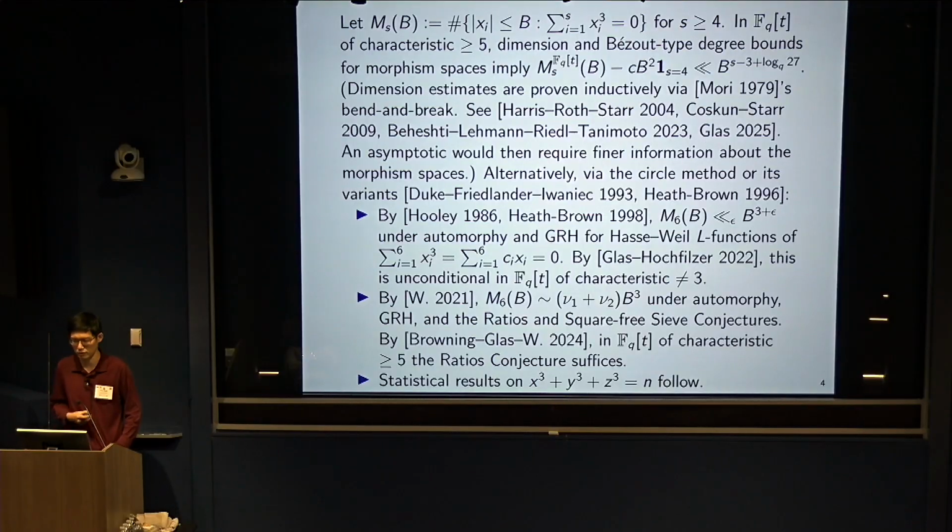The other comes from special solution subvarieties, like linear solutions where you pair up 2 of the variables to sum to 0. So you get both terms from the circle method, assuming in addition to GRH the ratios conjecture and also a square-free sieve conjecture. So some connection to random matrix theory conjectures here.